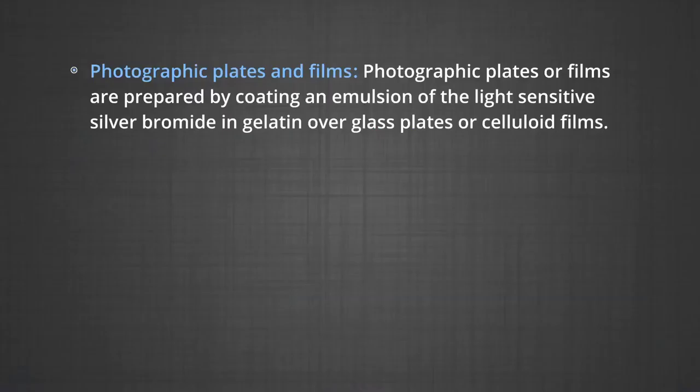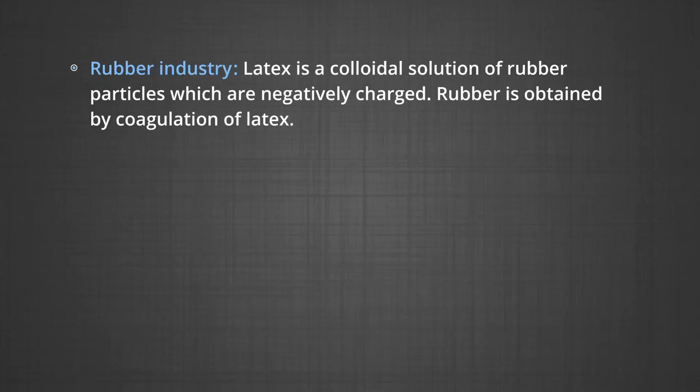Number 6, photographic plates and films. Photographic plates or films are prepared by coating an emulsion of the light sensitive silver bromide in gelatin over glass plates or celluloid films. Number 7, rubber industry. Latex is a colloidal solution of rubber particles which are negatively charged.